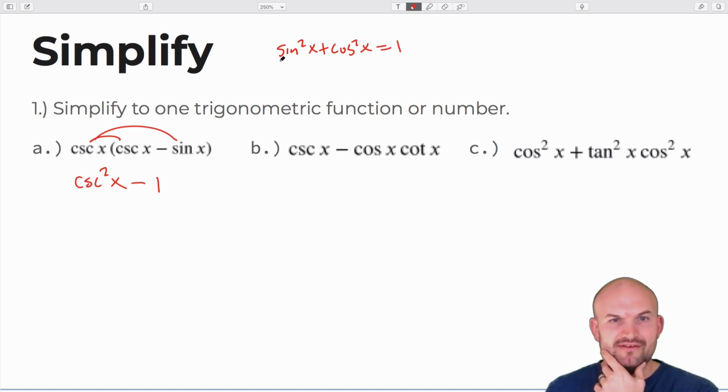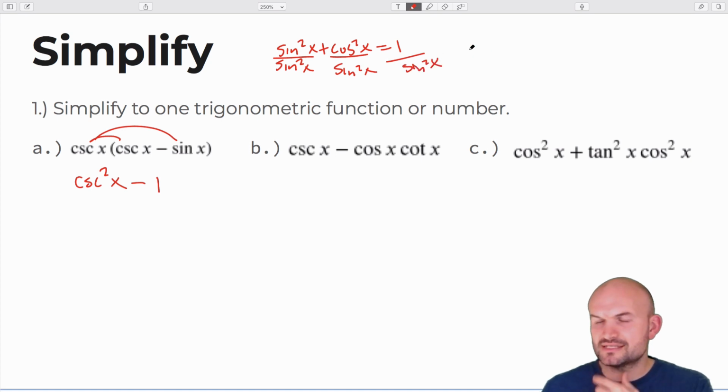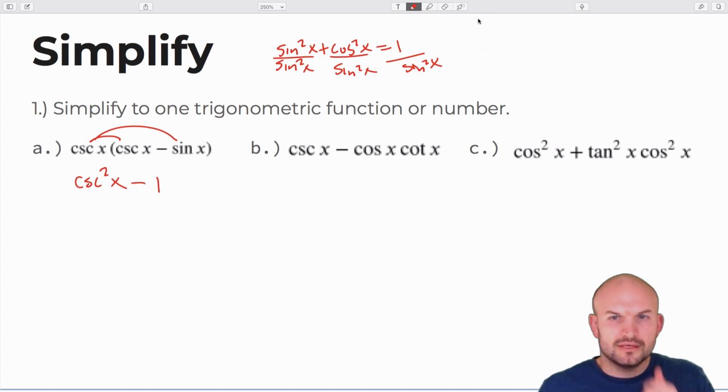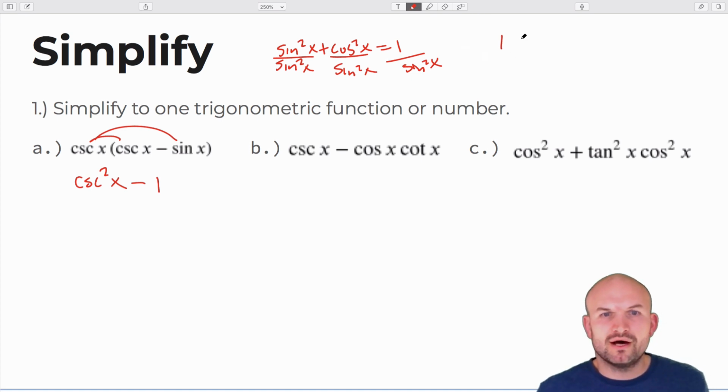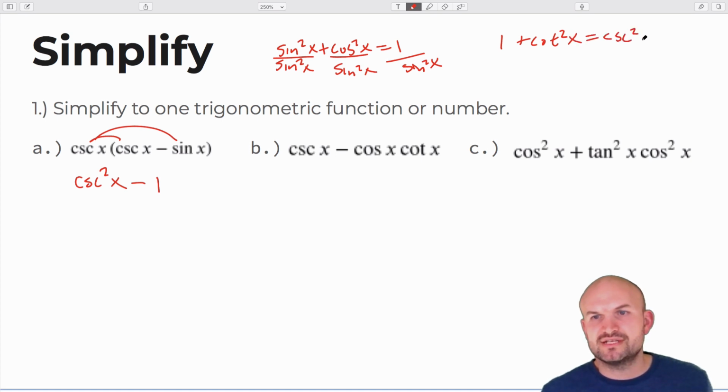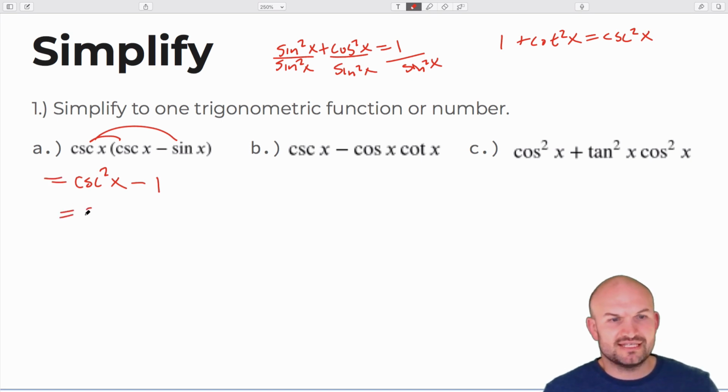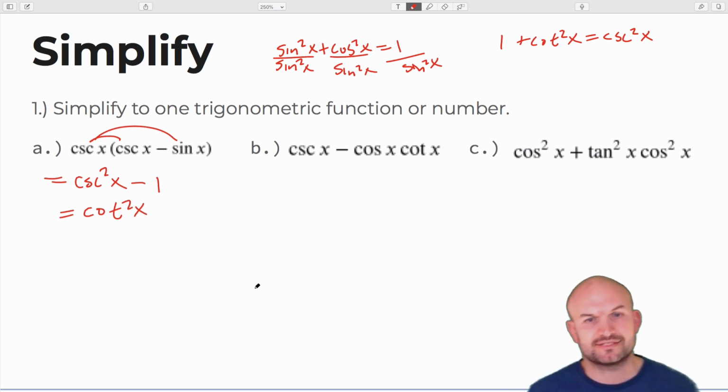So if I divide everything by sine squared of x, I'd be left with another identity, which is 1 plus cotangent squared of x equals cosecant squared of x. So if I have cosecant squared of x minus 1, I just subtract the 1 over to the other side. Therefore, this can be written as cotangent squared of x.